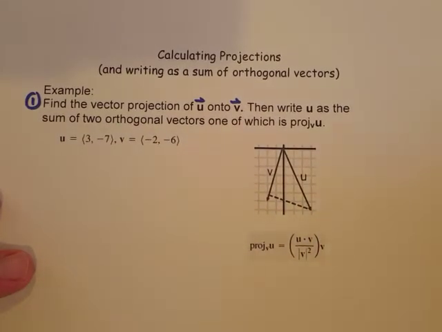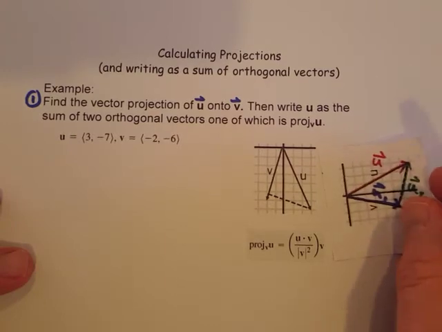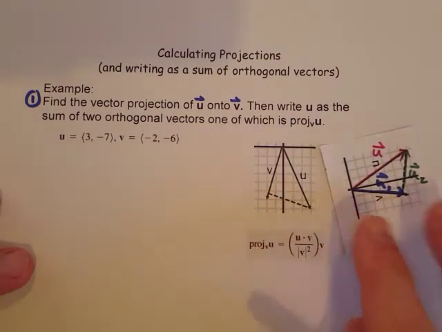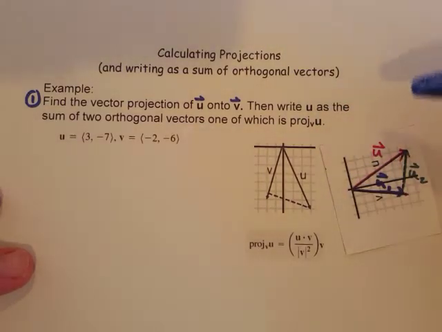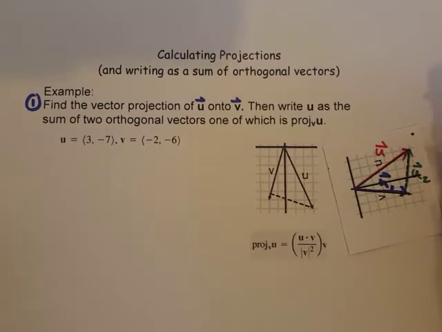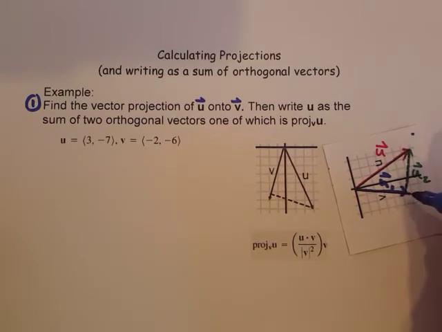What I like to do to visualize this a little bit better is to turn this a little bit and think about the light source now coming from up here. And we're going to shine down directly perpendicular over that, and we get the projection of u onto v.